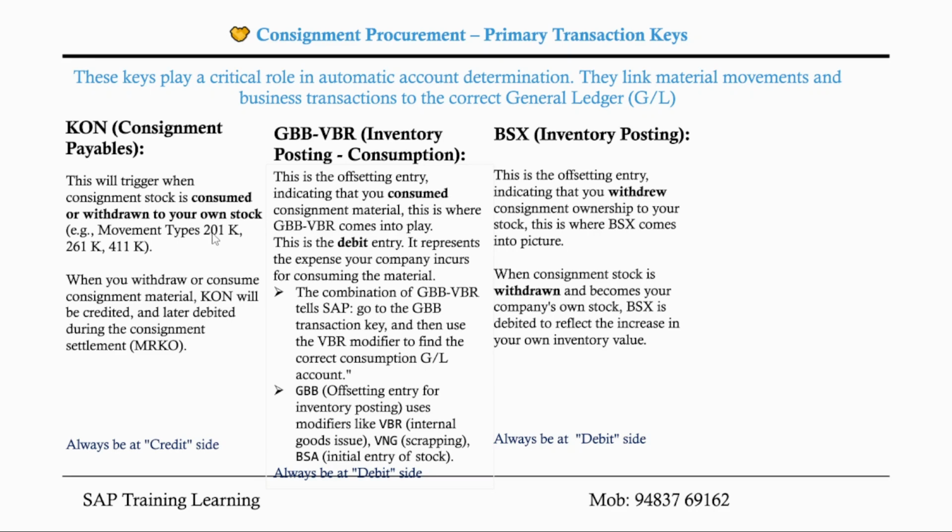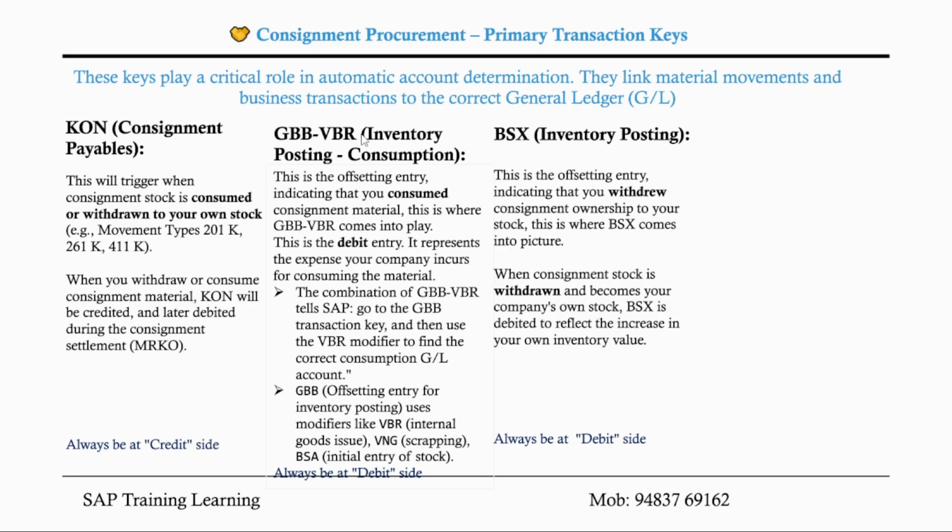From where did it increase? From here. So it has to offset this with this, indicating that you withdrew consignment ownership so that it becomes your stock. Right? This is where BSX comes into the picture. Whenever in SAP your inventory is hit, BSX will come.